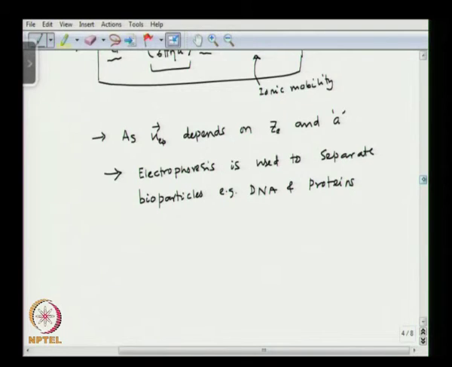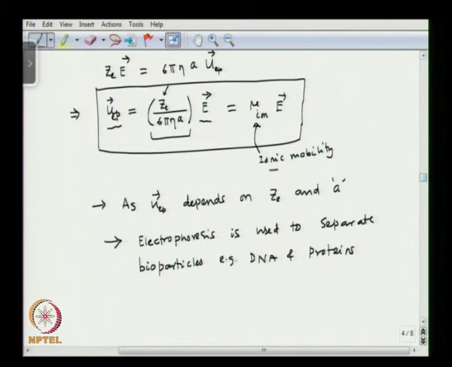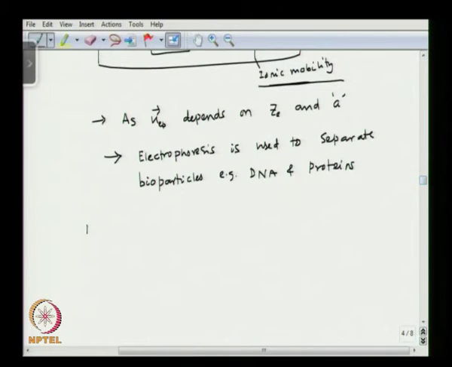So you can define a parameter. We have defined the ionic mobility here. So the electrophoretic velocity u_ep is given by mu_p into electric field, okay.